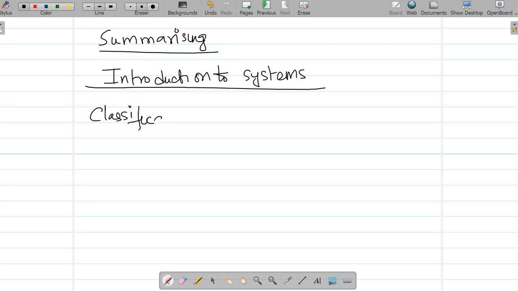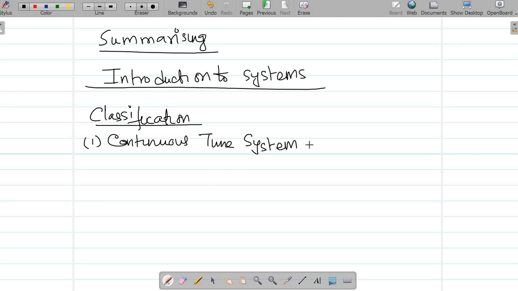Under system classification, we have seen what is meant by continuous time systems, where the input is continuous in nature and also the output is continuous in nature. And then what is meant by discrete time system, where the input is discrete in nature and output is also discrete in nature.